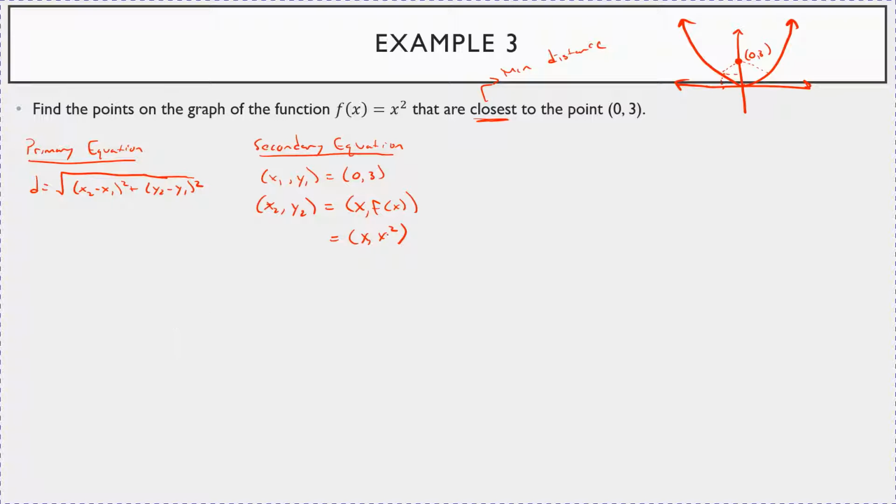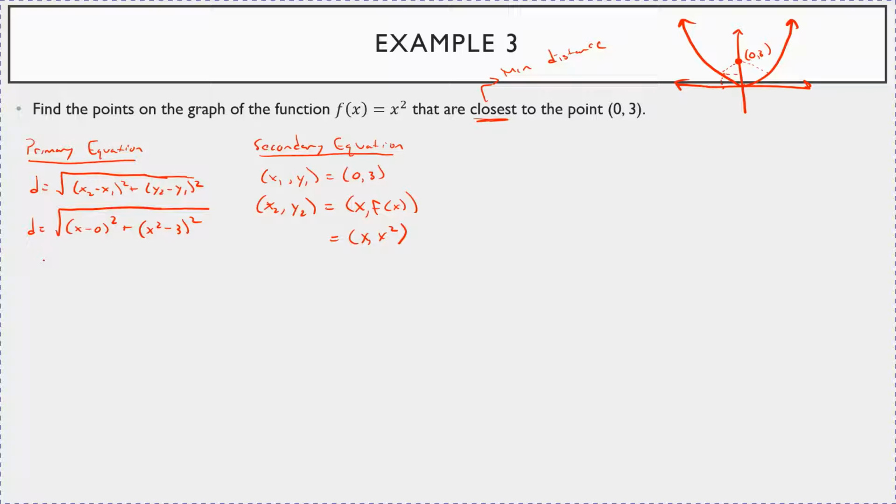That's what y is equal to. It's x squared, so that's going to get replaced with y. So watch this: the distance formula is equal to the square root of x minus 0 squared plus y2, well, the y value is x squared, minus 3 squared.